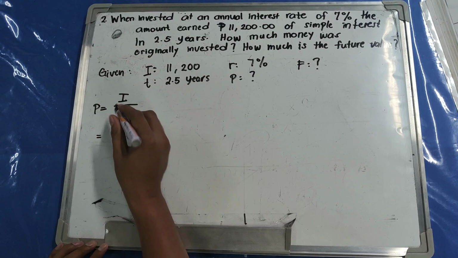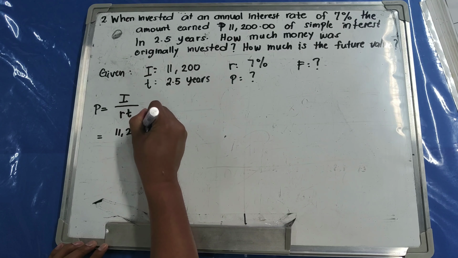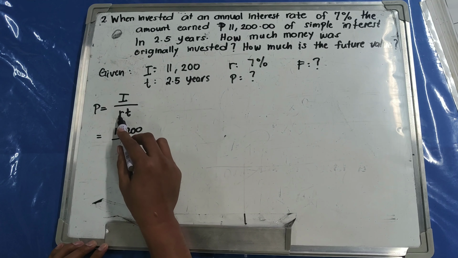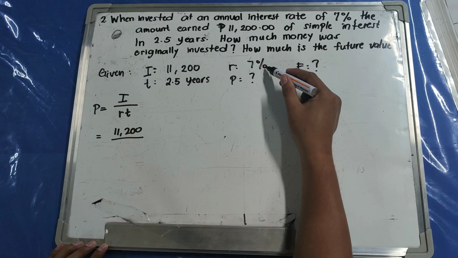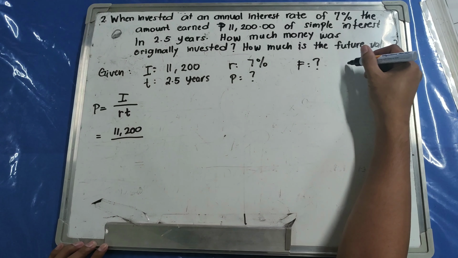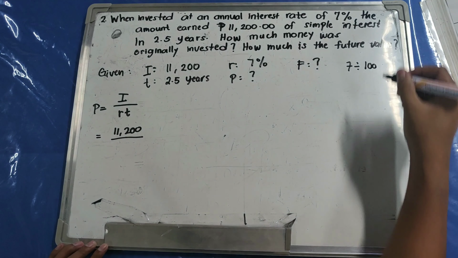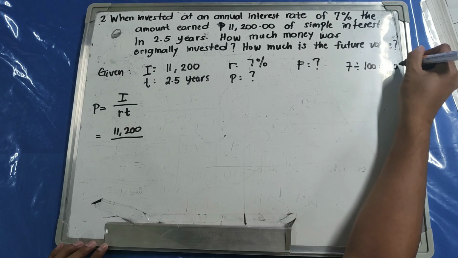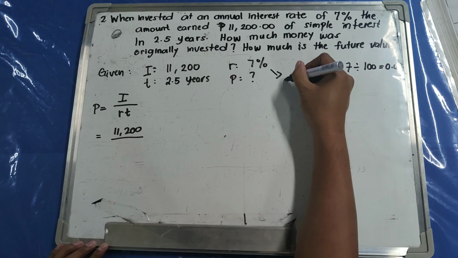What is our interest? Our I here is 11,200. Our rate is 7%. How to convert percent into decimal? 7 divided by 100. Use your calculator. So we have 0.07. So our rate here, 7% is equal to 0.07.